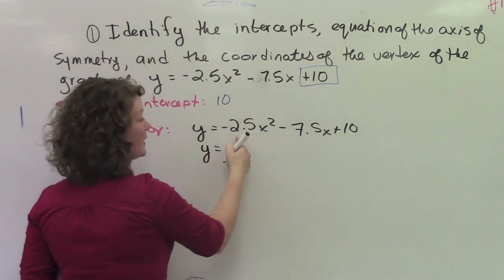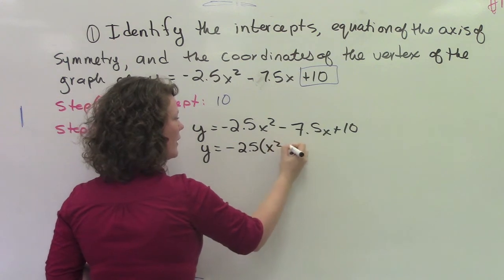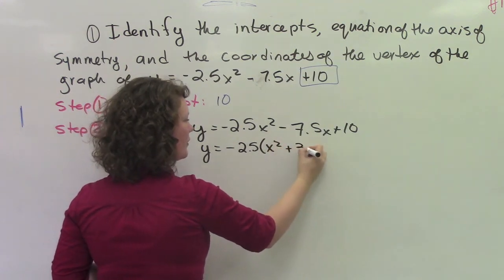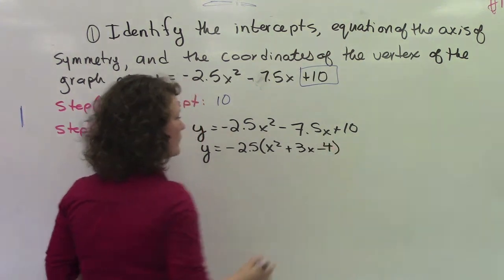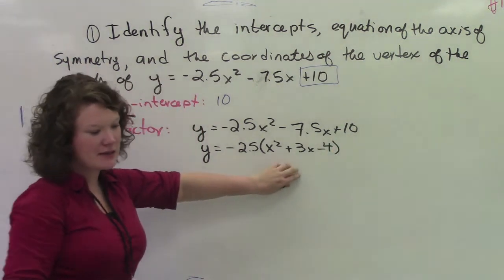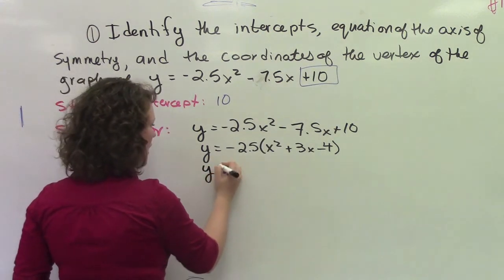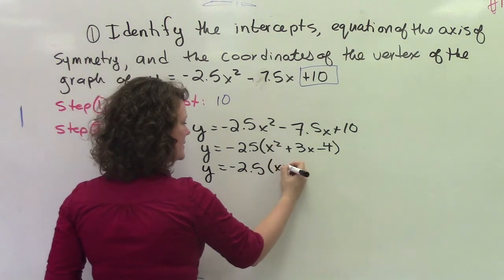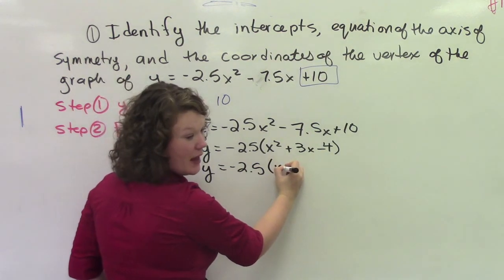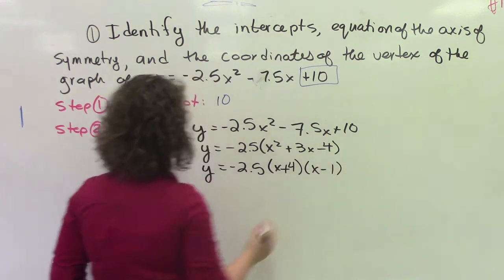So negative 2.5, x squared plus 3x minus 4. I can easily factor this. It just becomes x plus 4, x minus 1. So y equals negative 2.5 times x plus 4 times x minus 1.